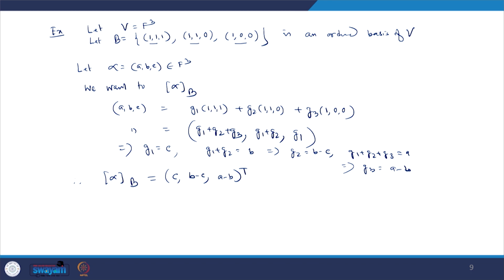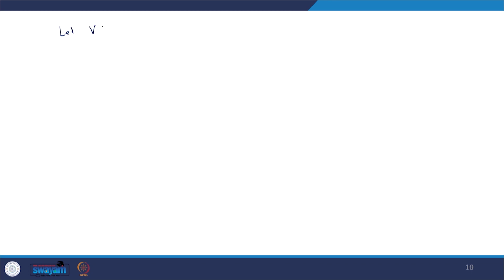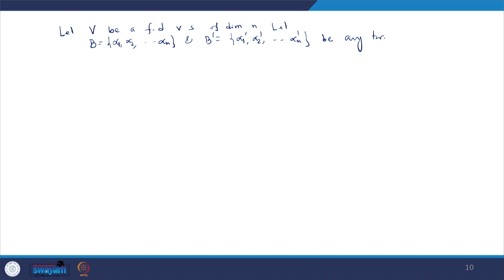Okay. So, now let me pose a question. Let V be a finite dimensional vector space of dimension, say n. Let B equal to alpha 1, alpha 2, ..., alpha n, and B prime equal to alpha 1 prime, alpha 2 prime, ..., alpha n prime, be any two ordered bases of V. Let alpha belonging to V be any element.